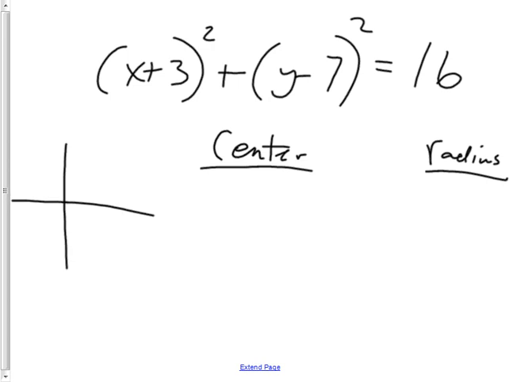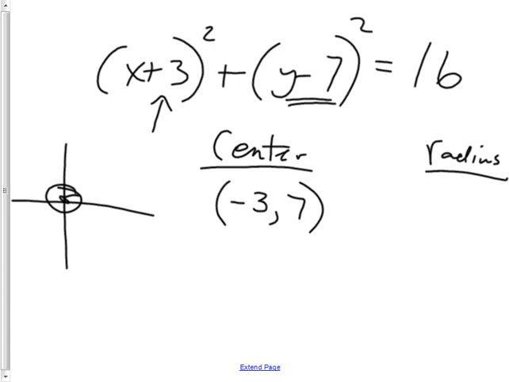A normal circle starts at 0, 0 and has a radius of 1. But this is not a normal circle. This has been moved. Its center is now 3 to the what? To the left. That's negative 3, comma. It's also been moved where on the up-down scale? Up 7. Wait a minute, it doesn't seem like it should be up 7, but it's in the parentheses, so you do the opposite of what you'd expect, so it's up 7, so that's positive 7.